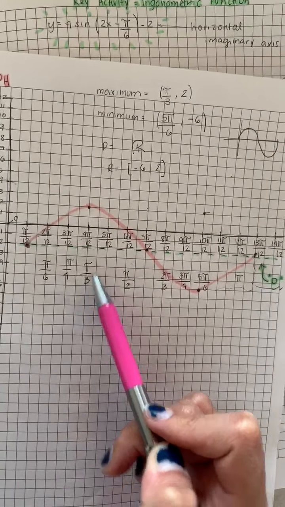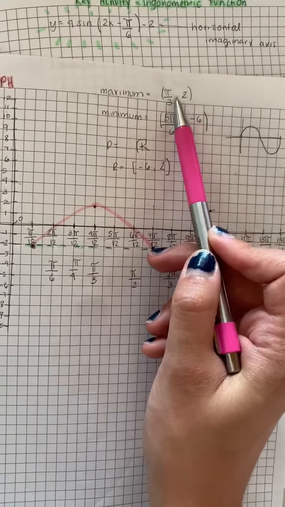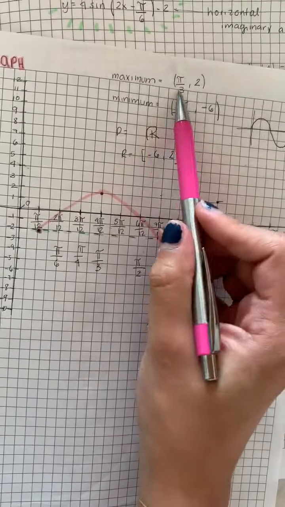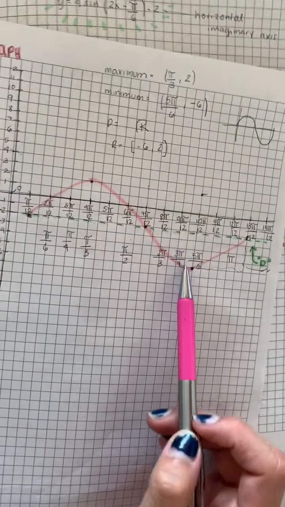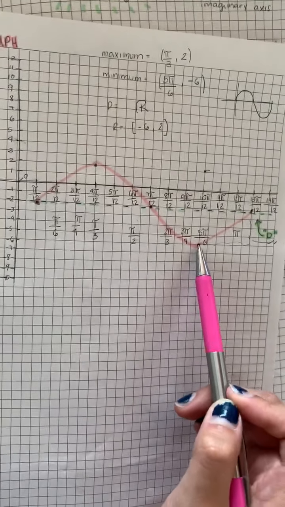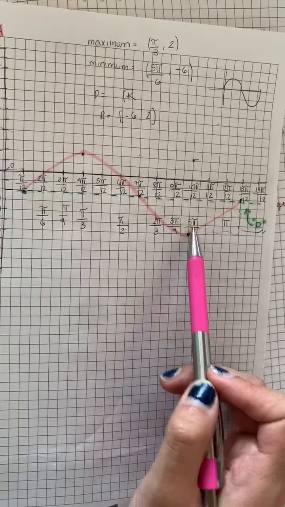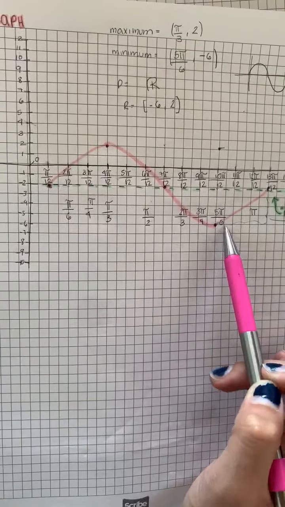It's in pi thirds. So you put pi thirds, comma, and then you put your y-axis, which is 2. You can see. Then, your minimum, you look at your graph and see which is your minimum. So here is your minimum. Here, you have 5 pi sixths and comma minus 6, as you can see.